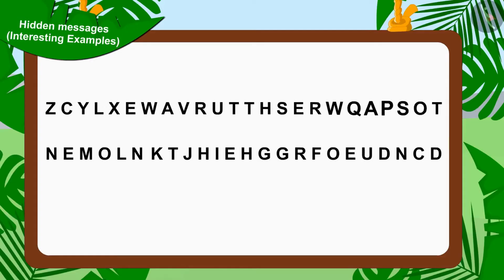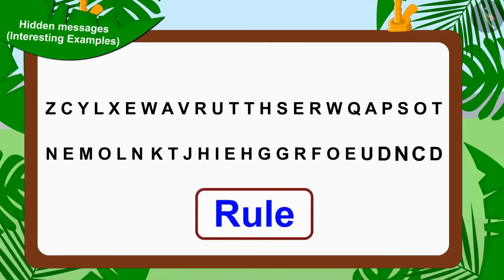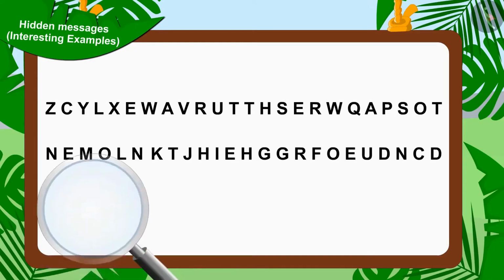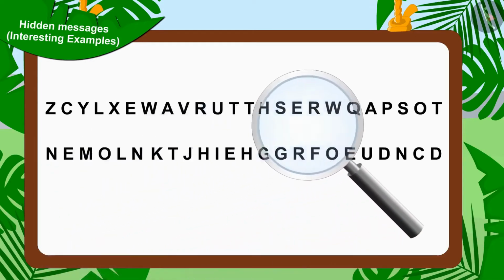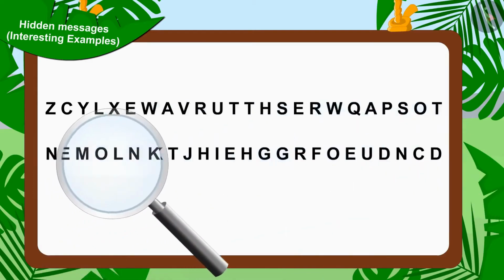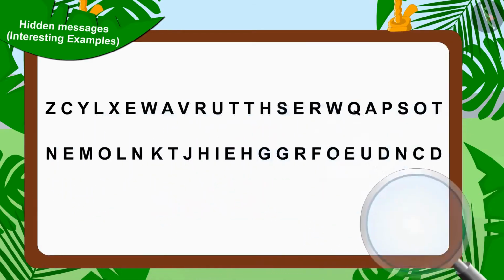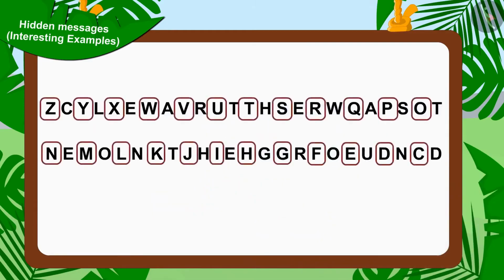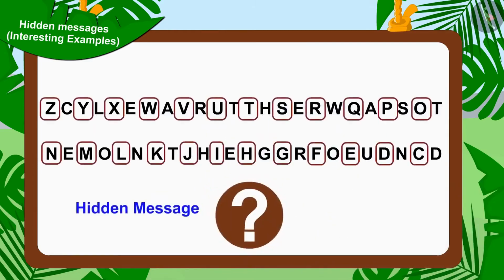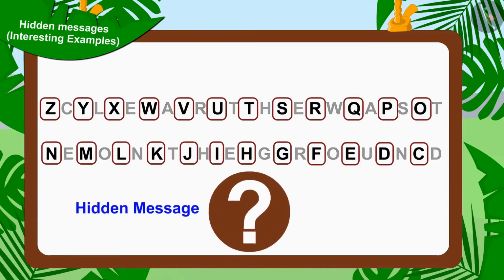Let us first find the rule in these alphabets. If we look closely, we will find that the alphabets here are written in reverse order. But do you understand any hidden message from these alphabets?